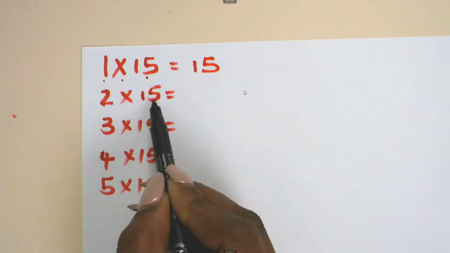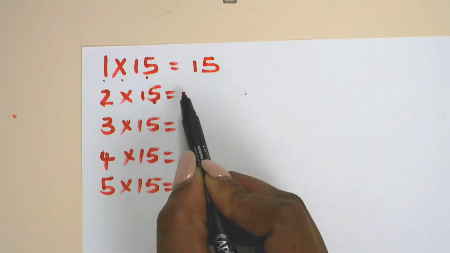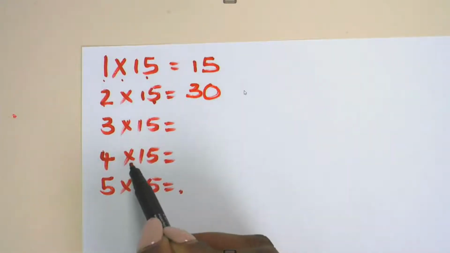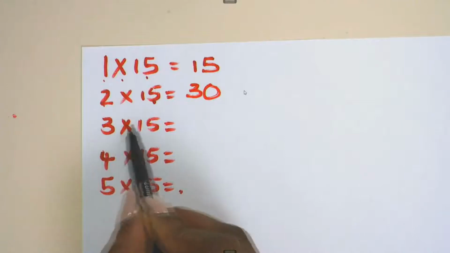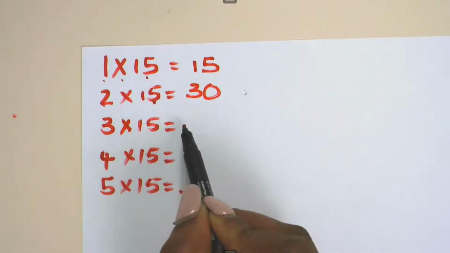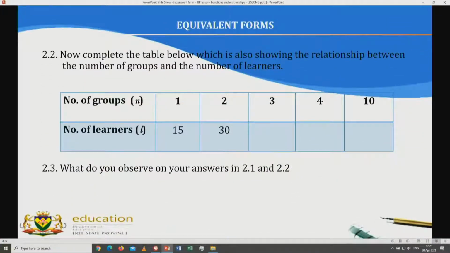2 multiplied by 15, which is the same as 15 plus 15, then equals 30. Then 3 multiplied by 15, which is the same as 15 plus 15 plus 15, which equals 45. Then we firstly have to fill in the two diagrams.